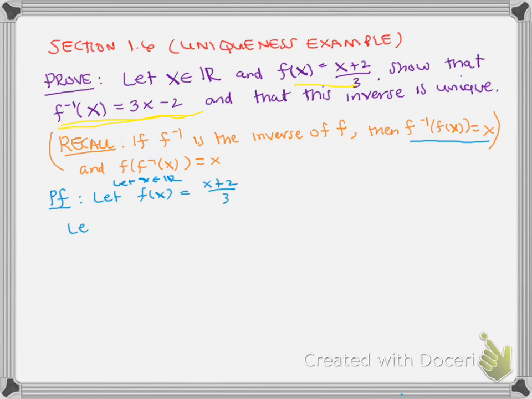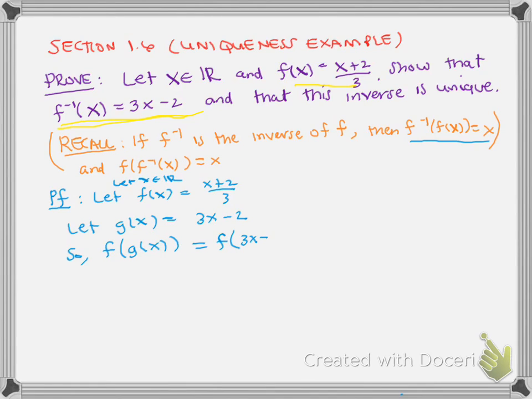Because we don't want to call it f inverse yet, since we have to show that, let that equal g of x. So let g of x equal 3x minus 2. Let's compose the two. f of g of x equals f of 3x minus 2, remembering to start with the inside function.